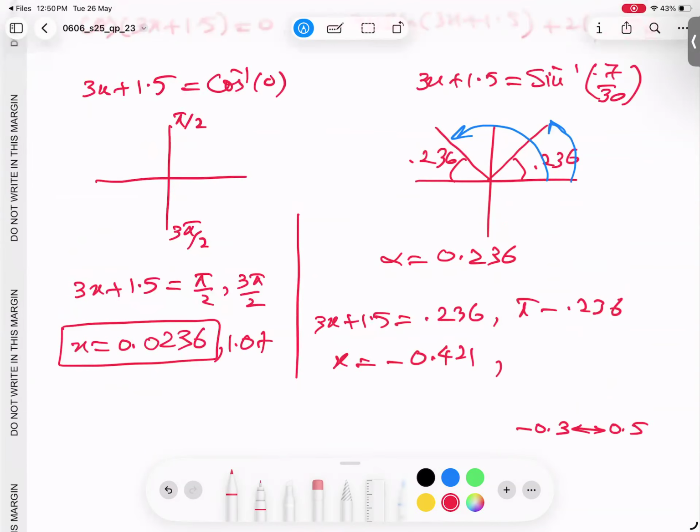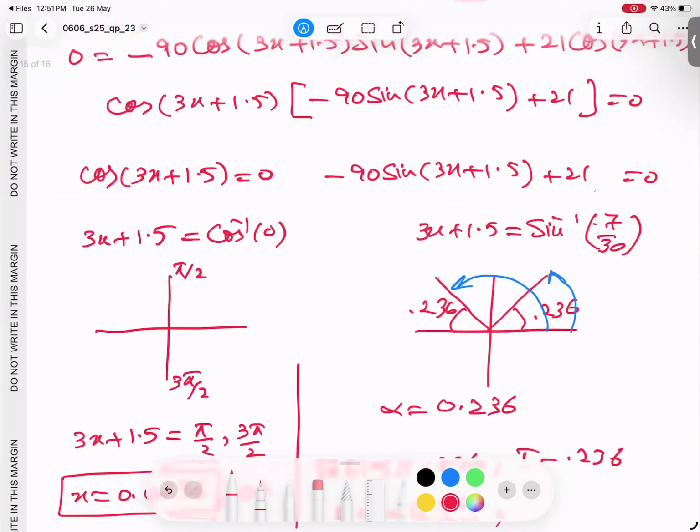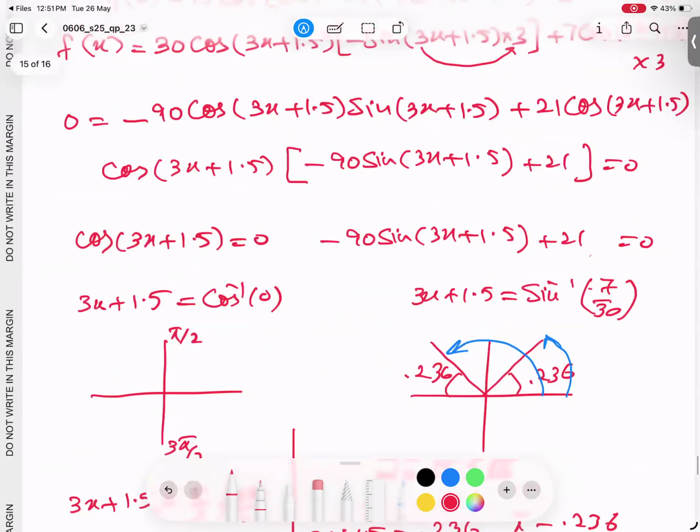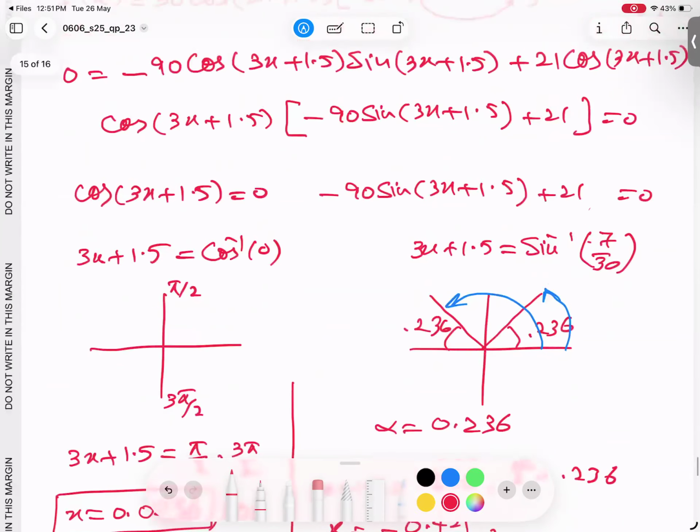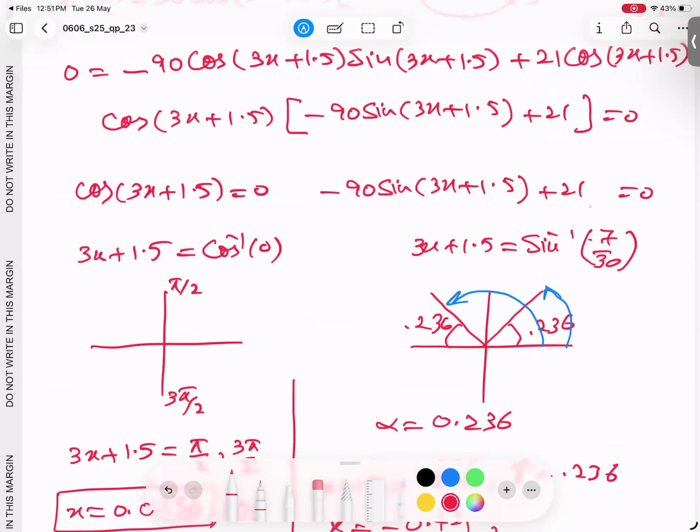Sine inverse 7 divided by 30 is 0.26, okay. Minus 1.5. Let me check, maybe is this negative or positive? This is positive, okay. Yeah, this is 7 over 30.